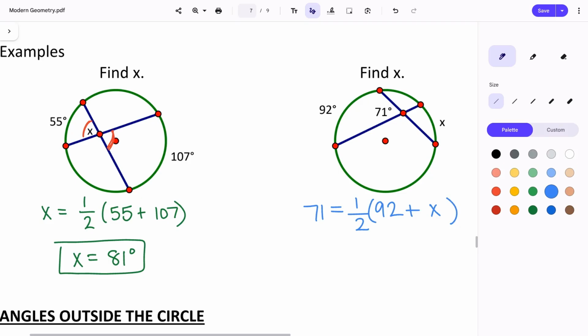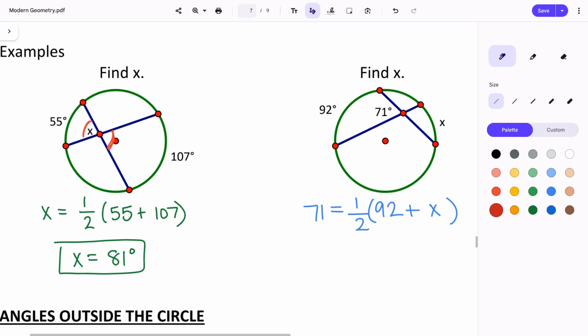I see that 1/2, and I would really like to get rid of it if I can. Could I distribute it to the 92 and to the X? Yes, but it would be great if we could just get rid of it, right? If we could get rid of that fraction, it's going to make things a lot easier, I think. How could I get rid of that 1/2? I know some of you want to divide by a half, but I think dividing a fraction by a fraction can be a little confusing at times.